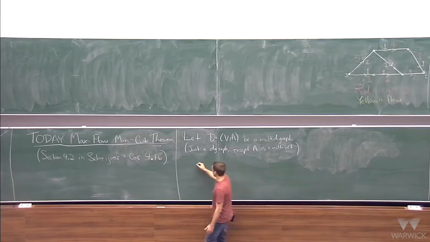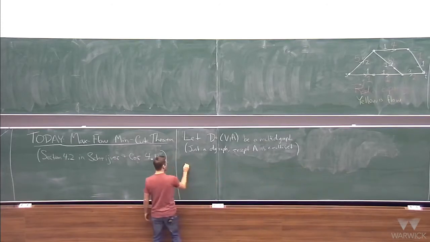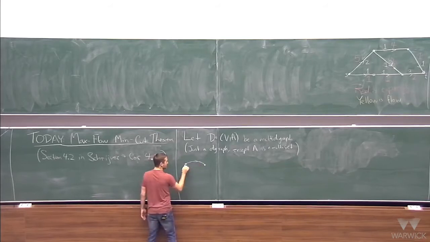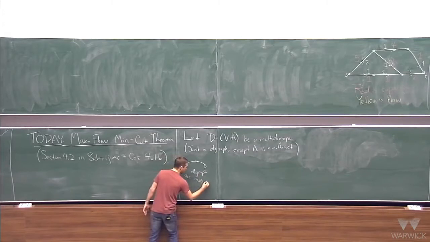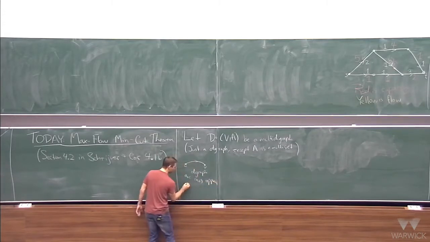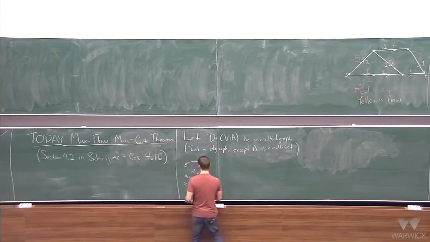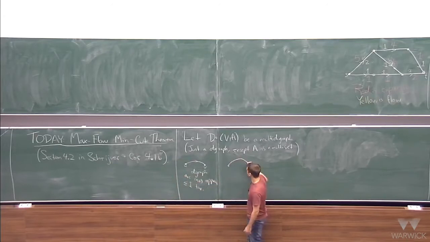So for example, in a digraph, the arc UV appears at most once. That means at most one time in the digraph, but in a multi-digraph, U and V might be joined by lots of arcs.